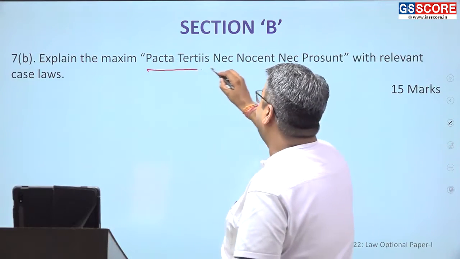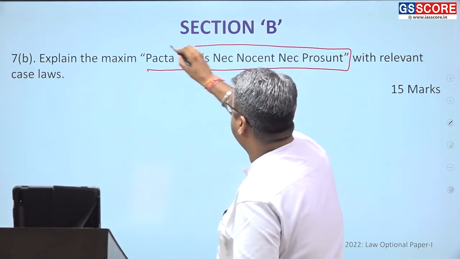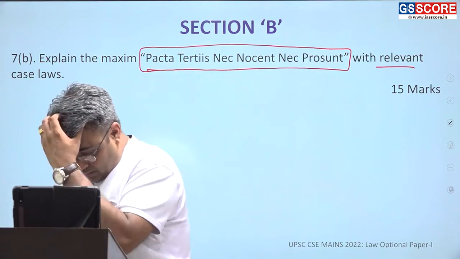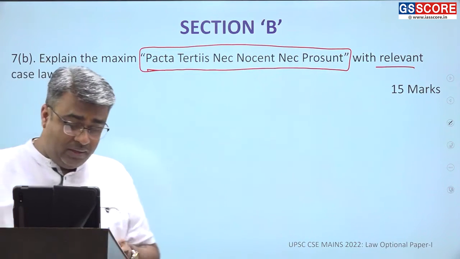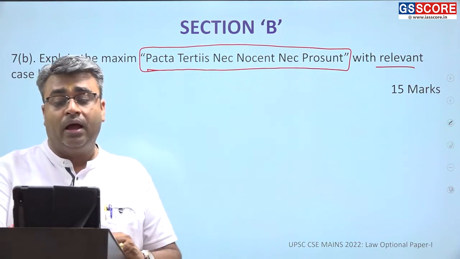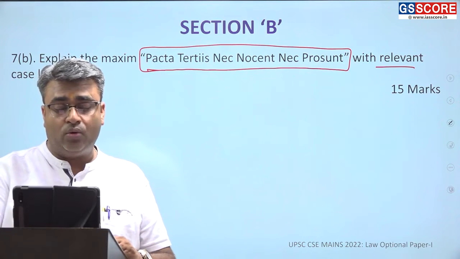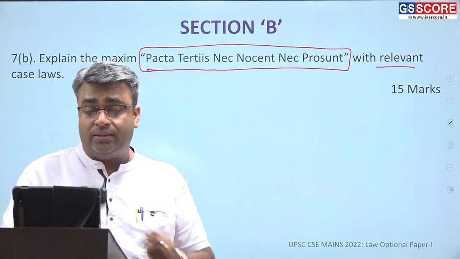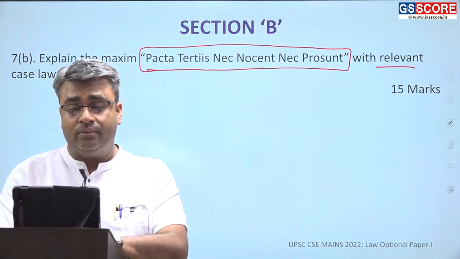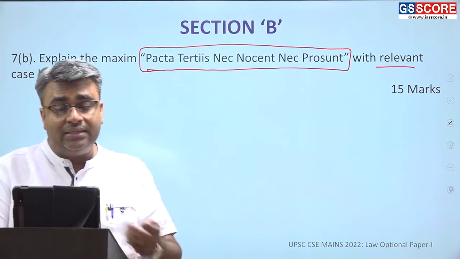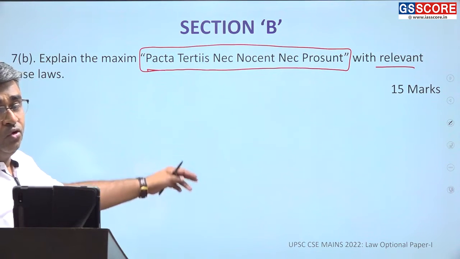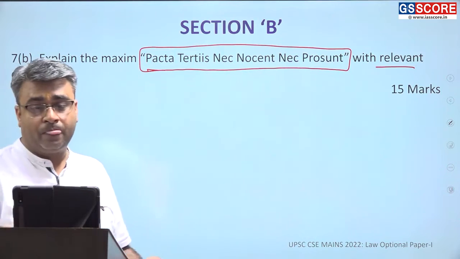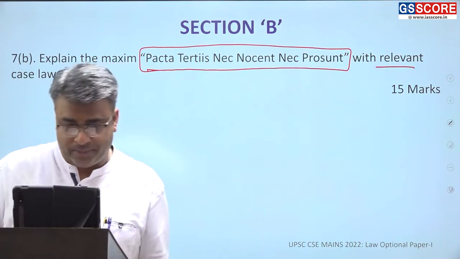Explain the maxim pacta tertiis nec nocent nec prosunt with the relevant case laws. So basically, in international law, I don't know how many of you are aware of this particular maxim, but you can understand it with the help of the law of contract.